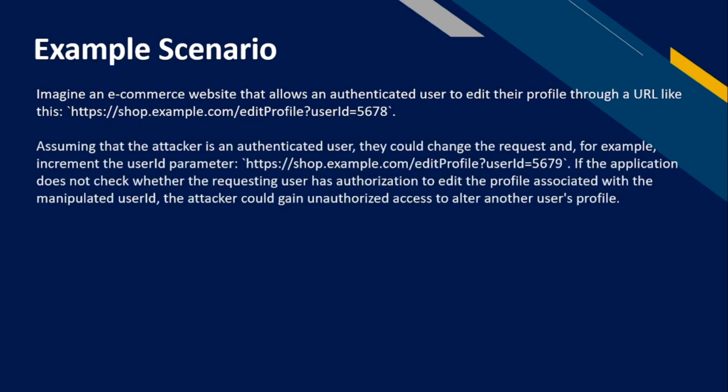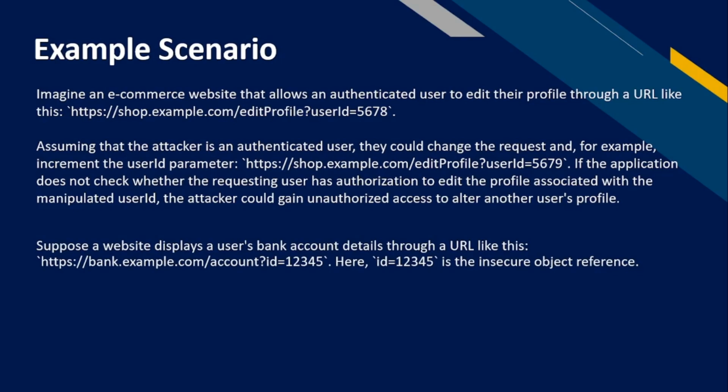Now, assuming that the attacker is an authenticated user, they could change the request and, for example, increment the user ID parameter: shop.example.com/edit_profile?user_id=5679. If the application does not check whether the requesting user has authorization to edit the profile associated with the manipulated user ID, the attacker could gain unauthorized access to alter another user's profile.